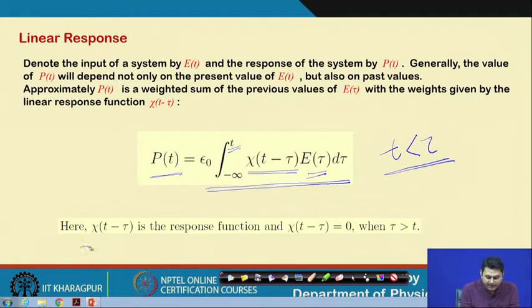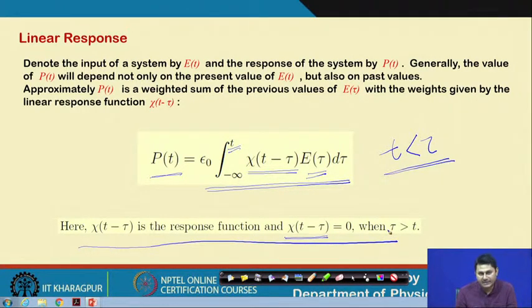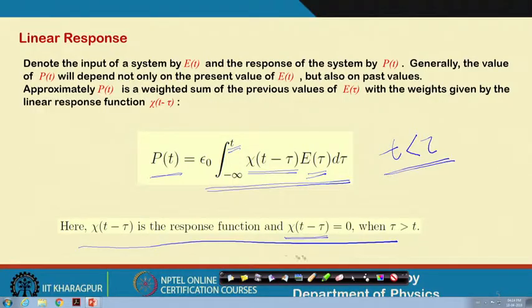Mind it, t is the upper limit because I can't go over t. That is why we write a statement here that my response function χ(t − τ) has to be 0 when τ is greater than t. That means I should not have any response before applying my electric field. That is naturally the causality effect. Because of this causality, χ is 0 when the argument is negative.